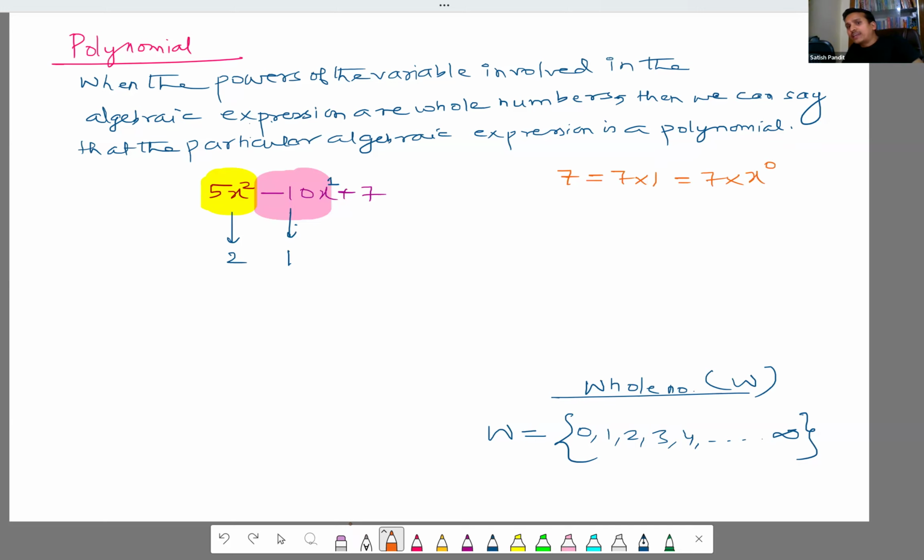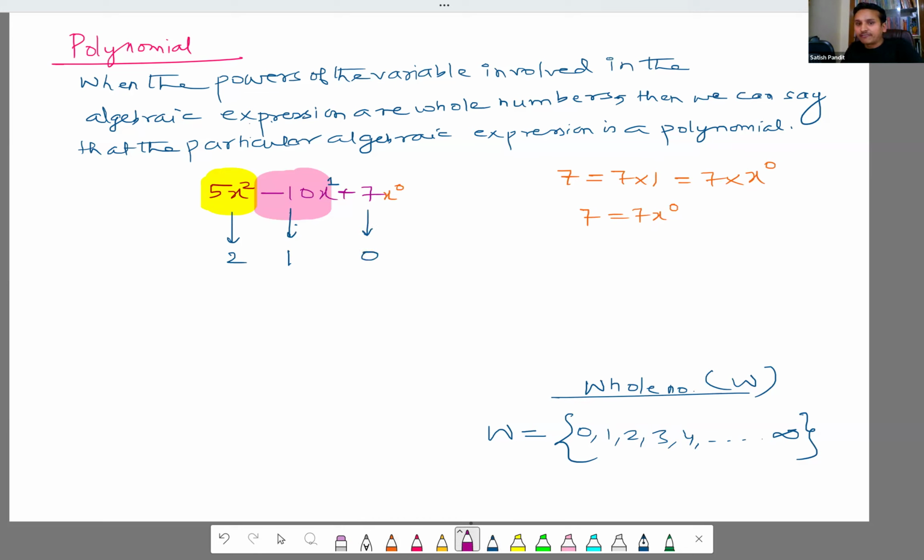That means 7 is nothing but 7x to the power 0 as well. So here the power of the variable is 0.